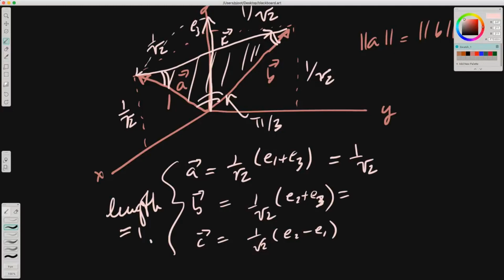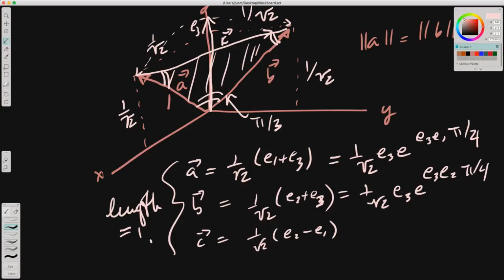So that is E3 times e to the E3 E1 pi by 4. And B is E3 rotated towards E2. That is E3 times e to the E3 E2 pi by 4.